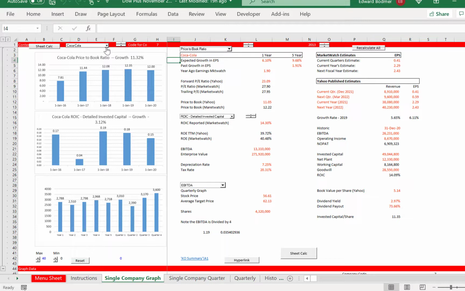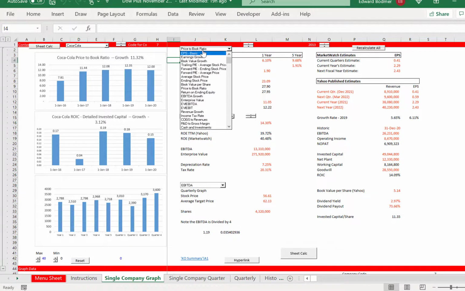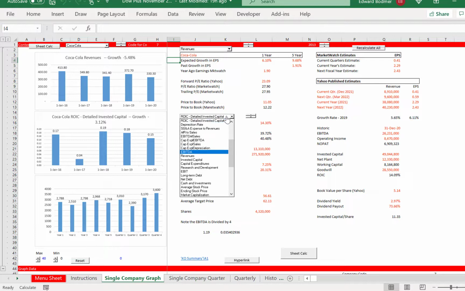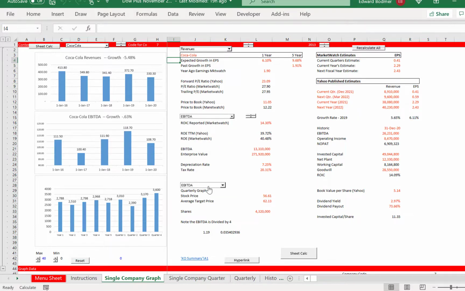Now, once you download these and get this data, we can look, and I've changed this a little bit. So let's start with looking at what's happened to some of these companies, and let's start with the revenues. And let's look at the EBITDA, and down here, let's look at the CapEx.